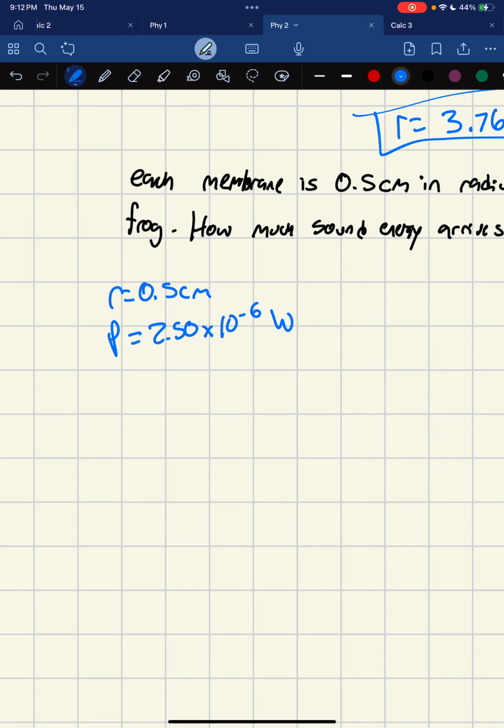And located 1.5 meters from the frog. Okay. So I need to find the sound intensity first. I don't have the area, so I'm going to rewrite this as P over 4 pi r squared.